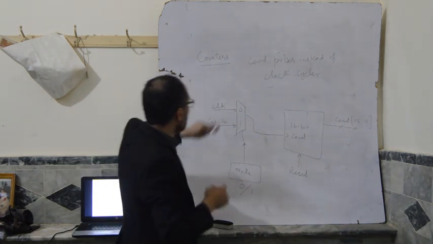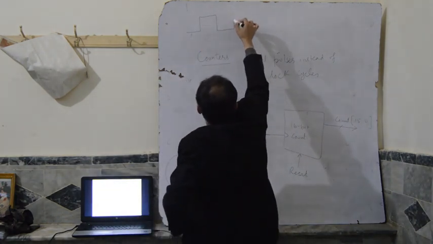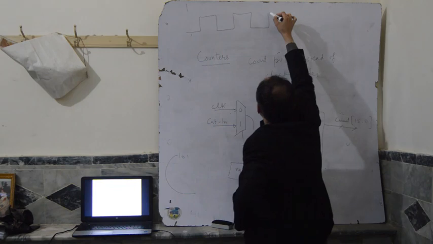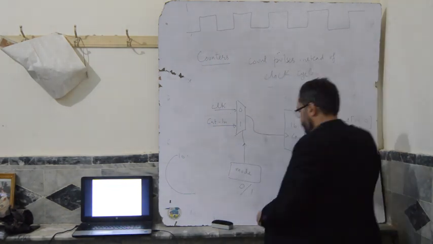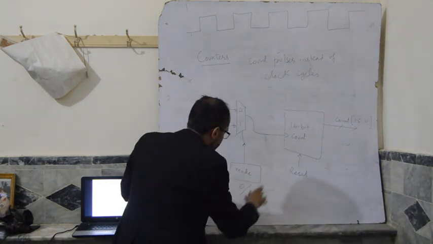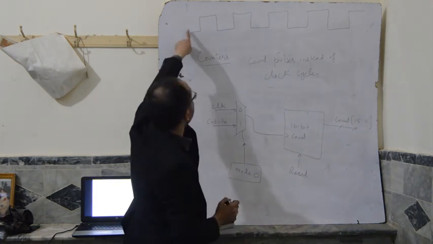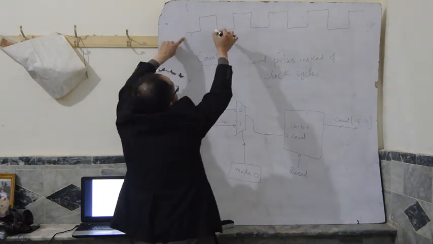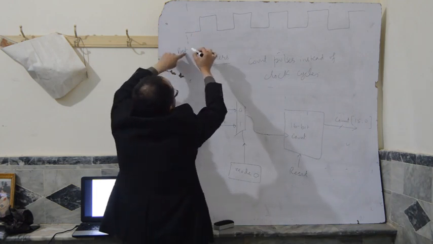As we know, the clock is a continuous signal, continuously high and low. So if the mode is 0, it means it is counting the clock. Let's assume that at this point the counter is reset, so the value will be 0.